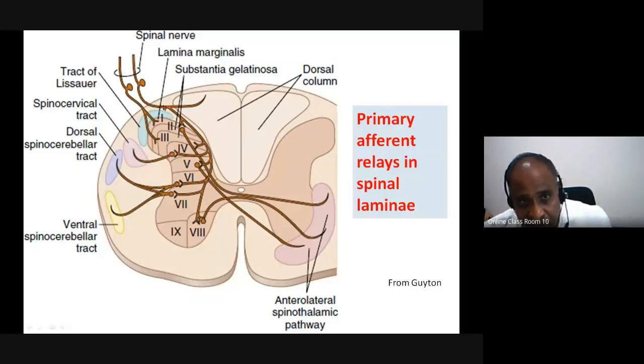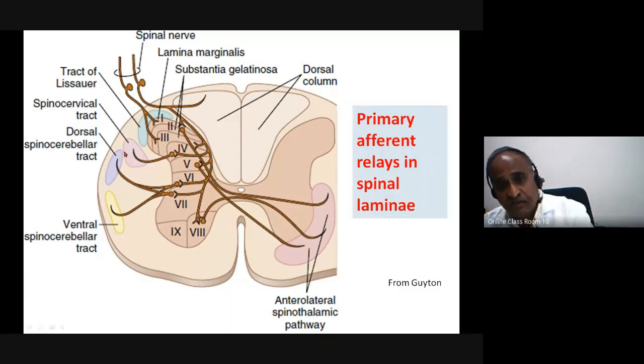This is the pain pathway coming up here. It is relaying here in 1, then after that also 5. When they are relayed in 1 and 5, that is the primary thing. Then they also give a collateral here for the spinal motor neurons and for the vestibulospinal neurons, which begin as a vestibulospinal or spinocerebellar tract, or spinocervical tract.